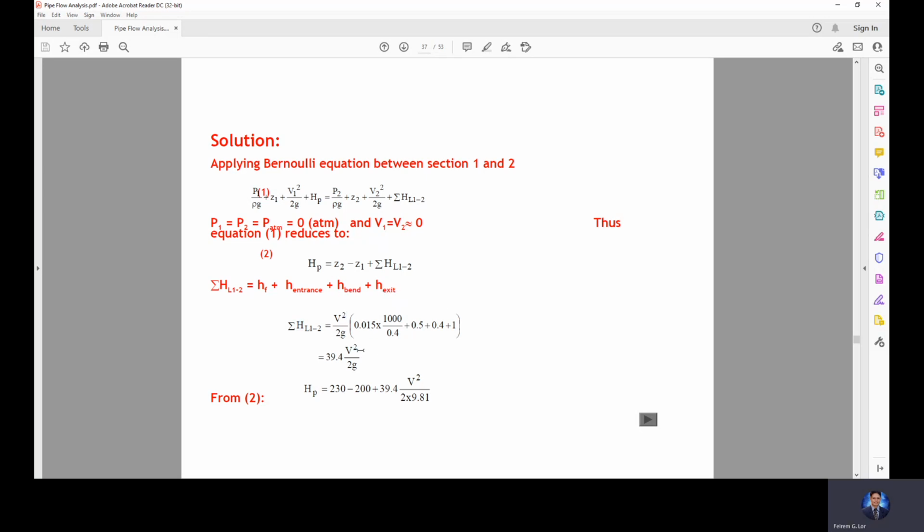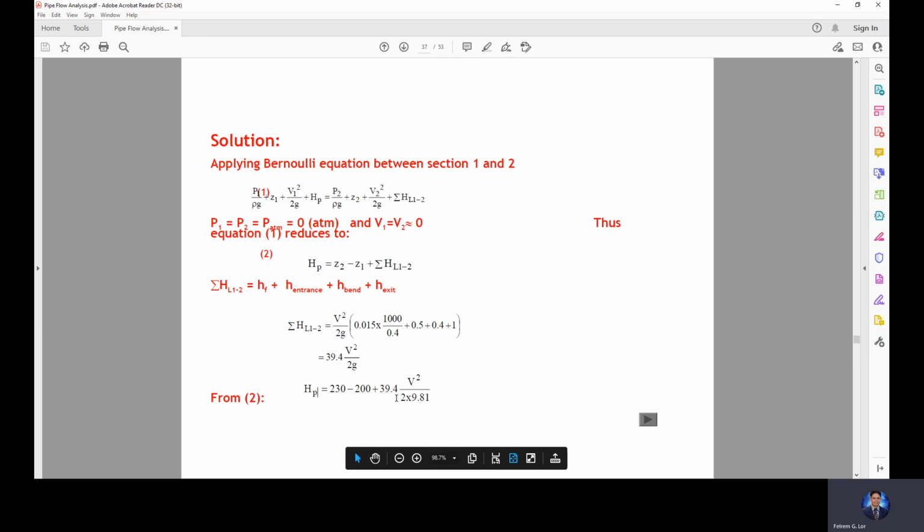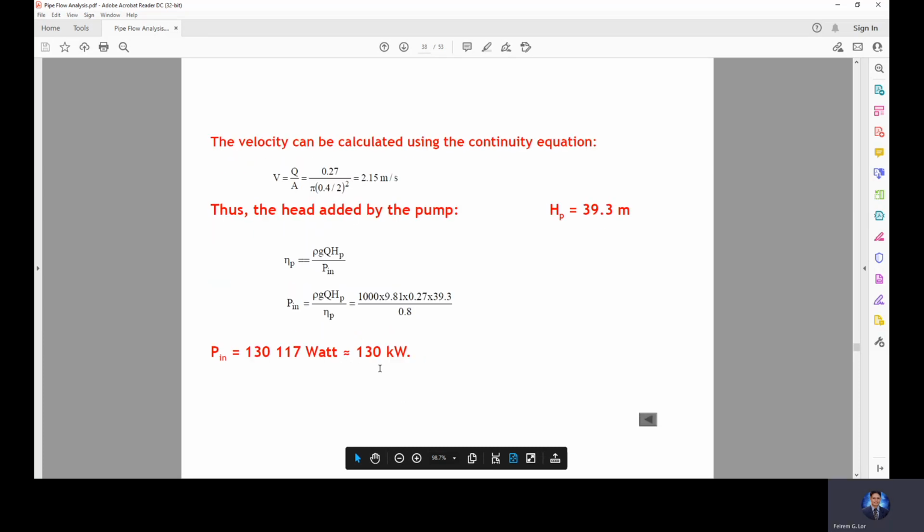So, in that case, we already have the velocity. Okay, I'll just continue. Head loss is 39.4 V squared over 2G. Okay, so the only unknown is velocity. So we can just solve the velocity.